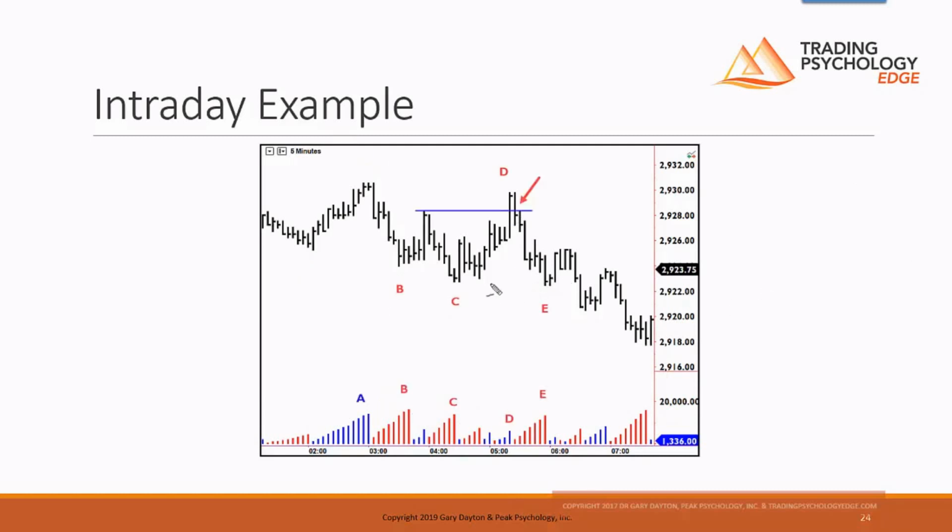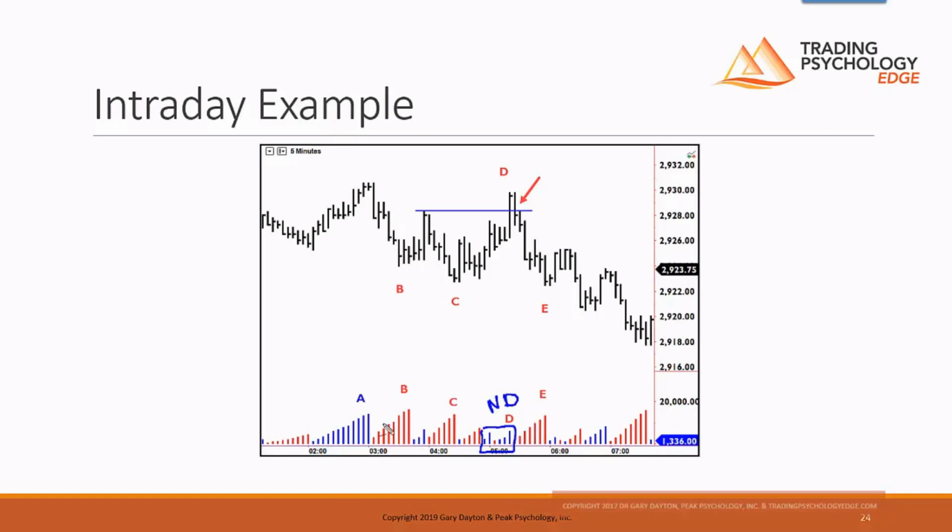And notice that as it rallies up to D, look at what happens to the demand. There's just no demand here. Very light demand, and it creates an upthrust situation on the intraday, a perfectly fine upthrust situation. We've got lower highs, lower lows in the background.